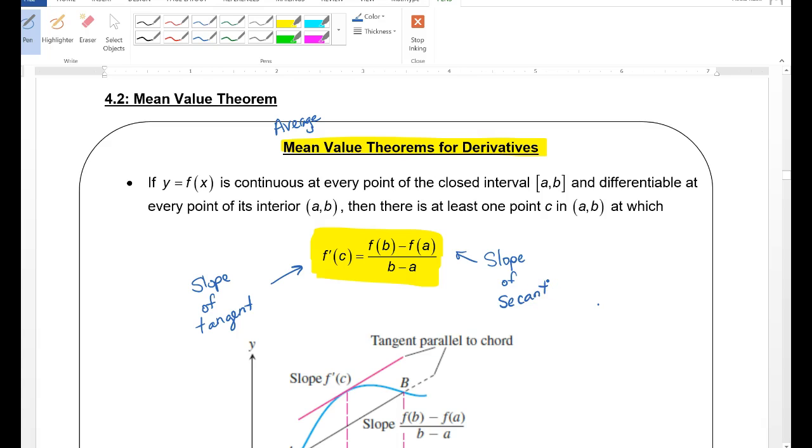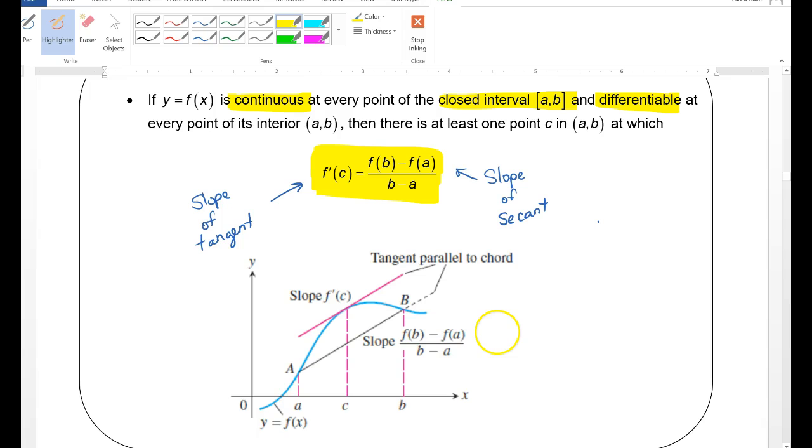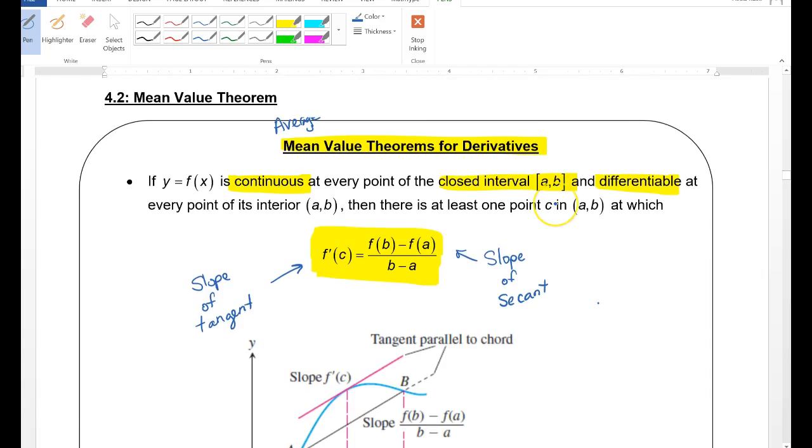So what are the important parts to the mean value theorem? Well, you need to have a continuous curve on a closed interval, and it must be differentiable. If that's the case, so here's a picture. What's the test for differentiability? You tell me.